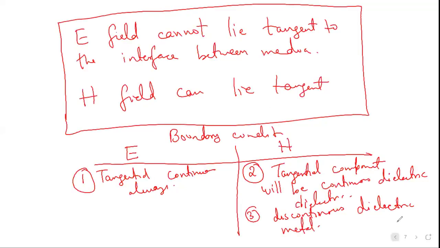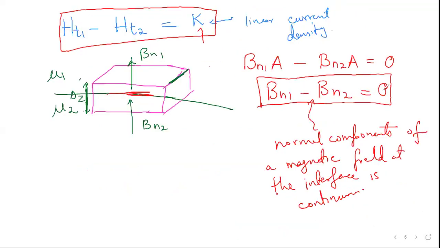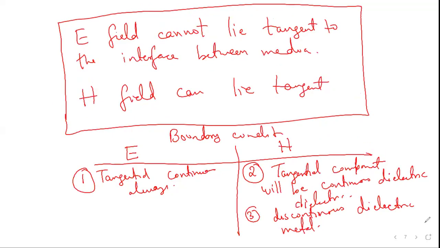I believe you understood that in math: this is zero means this is continuous; there is some quantity, so this is discontinuous. Is that clear?